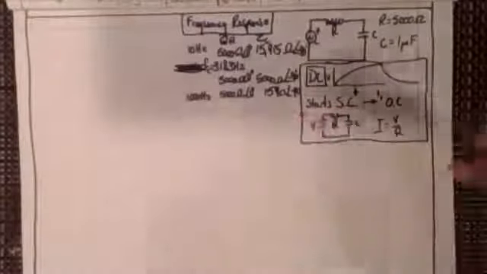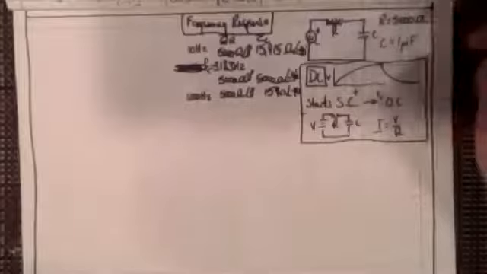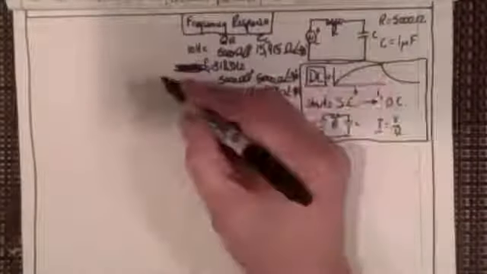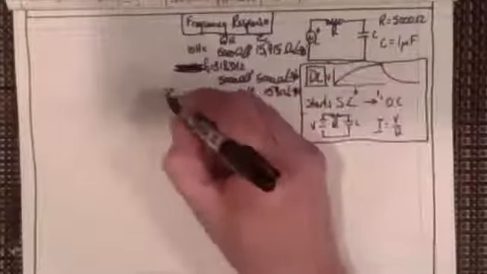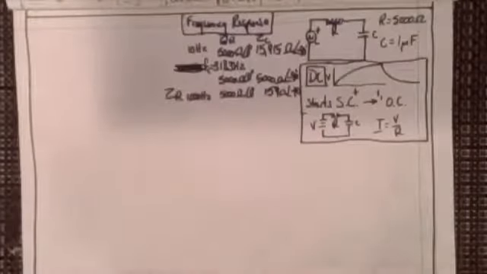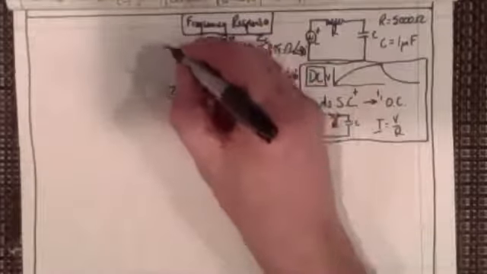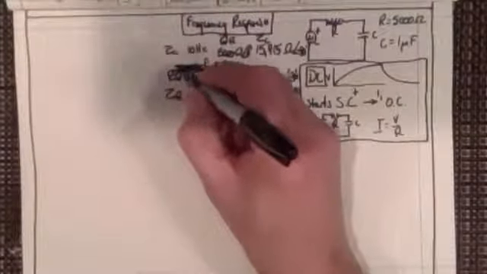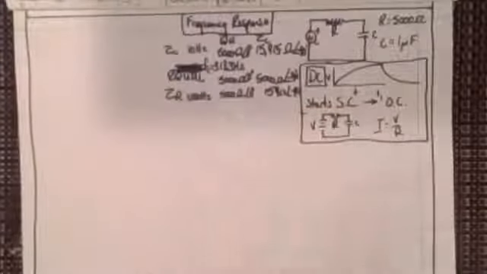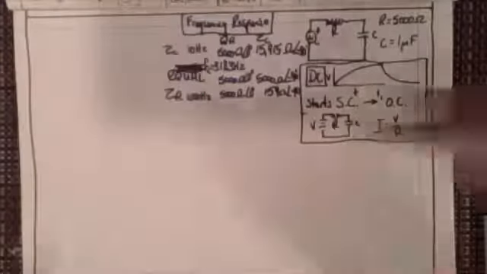And then when we went to 1 megahertz, it was even much higher. So what you can see is that what predominates here is Z sub R, and what predominates here is Z sub C, and here they're equal. I'll just put equal so that I can cross out that ugly black thing that I now have.